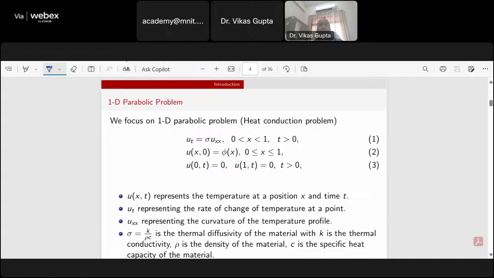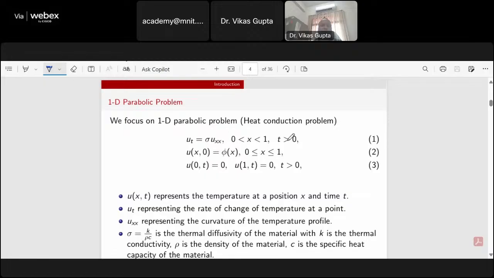So these concepts of consistency, stability, and convergence we will develop with the discussion of a simple forward time central space scheme for this 1D parabolic problem.